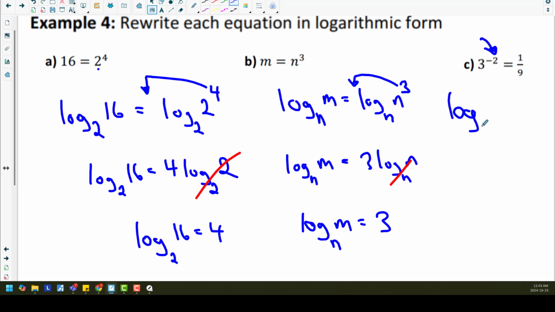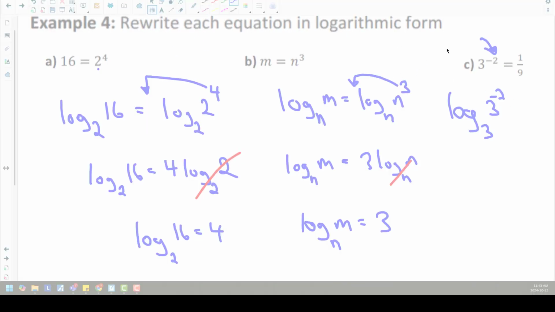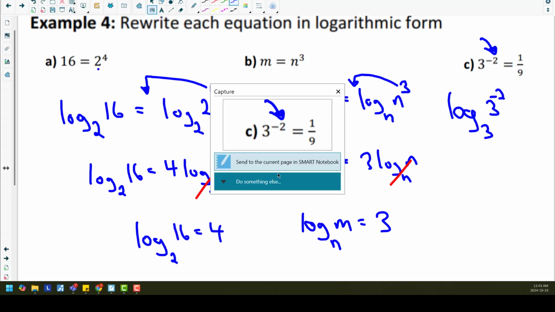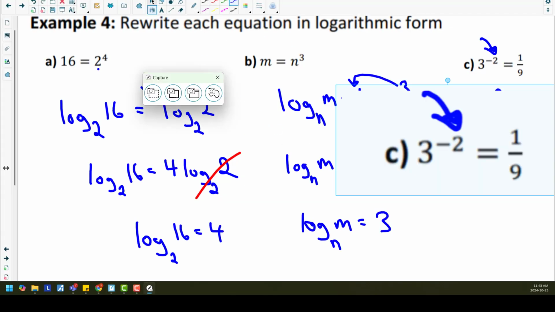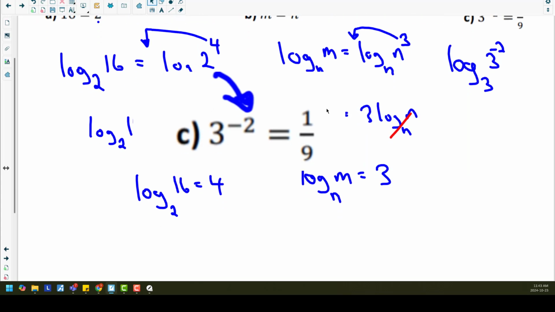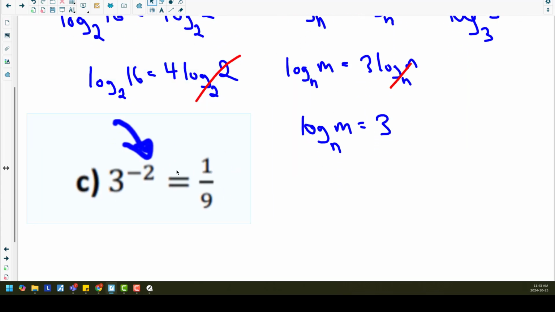Log base 3. I'm going to copy this and move it over. Okay, let's move it here.